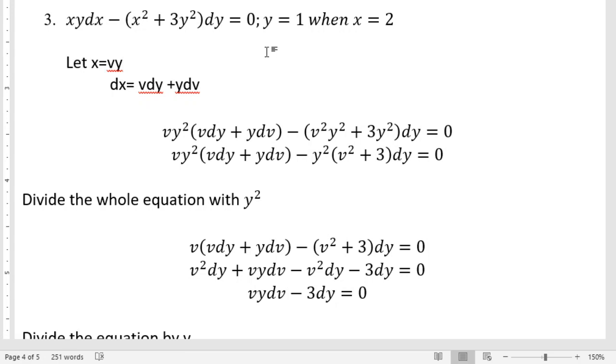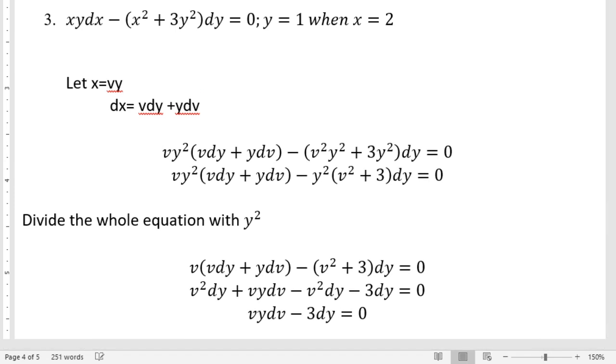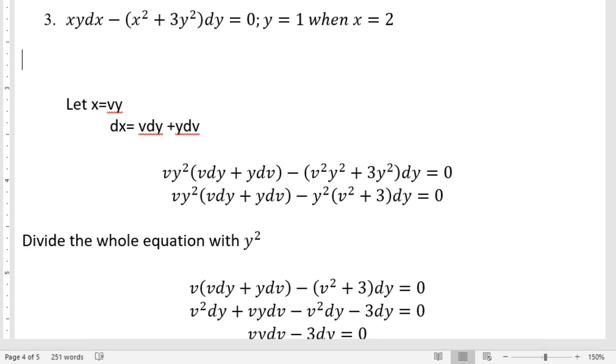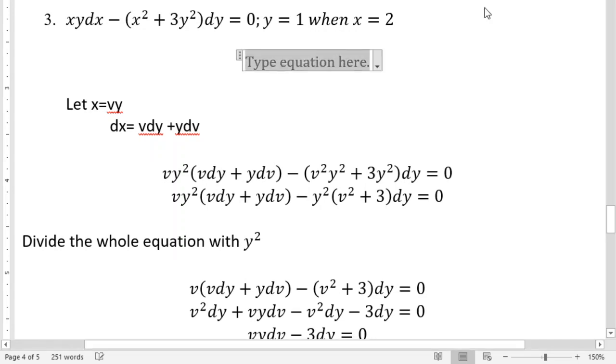So, unahin muna natin magkuha ng degree. Let's get first the degree of the equation.